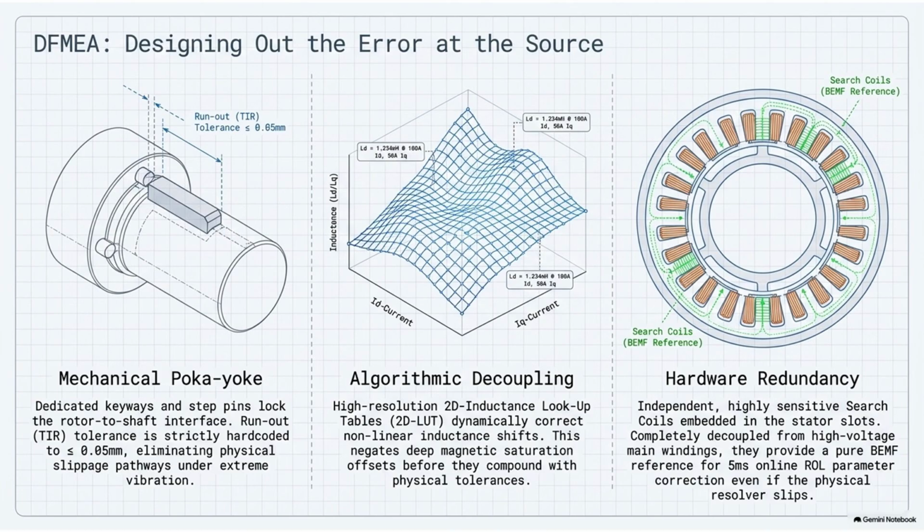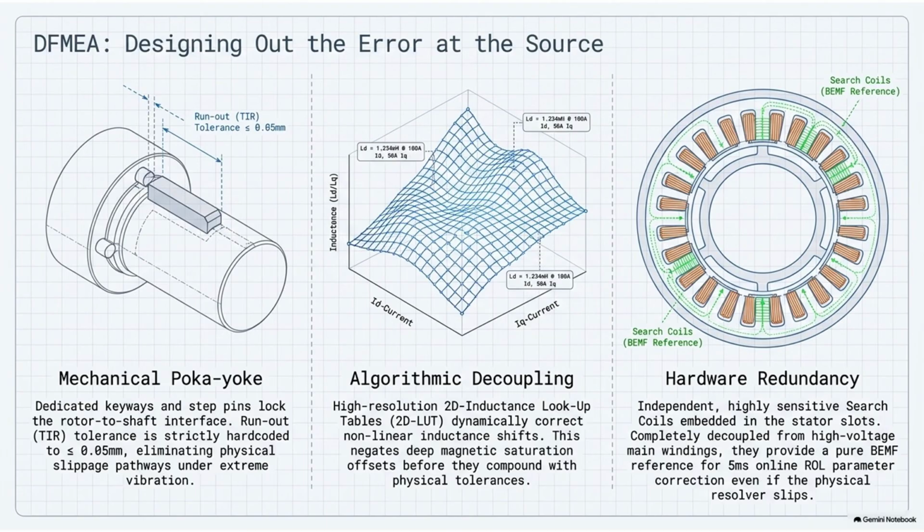Exactly. And they don't stop at just adding a pin. The tolerance stack-up, which is the combined dimensional imperfections of all the manufactured parts assembled together, is strictly, rigidly locked. The source document dictates that the rotor runout, or TIR, total indicator reading, must be held to less than or equal to 0.05 millimeters. Let's put that in perspective for a second. 0.05 millimeters.